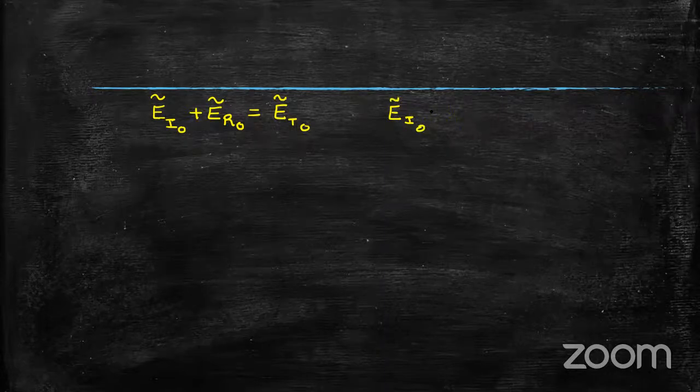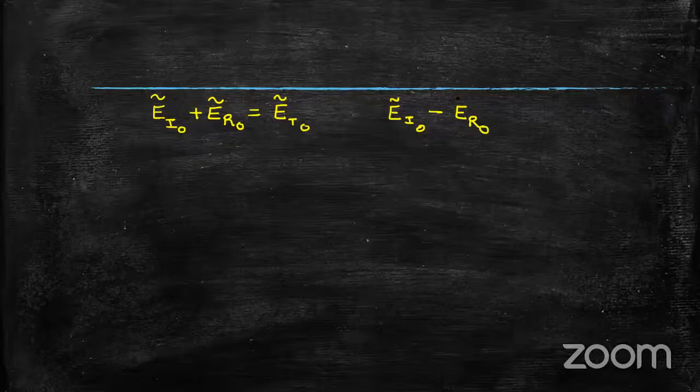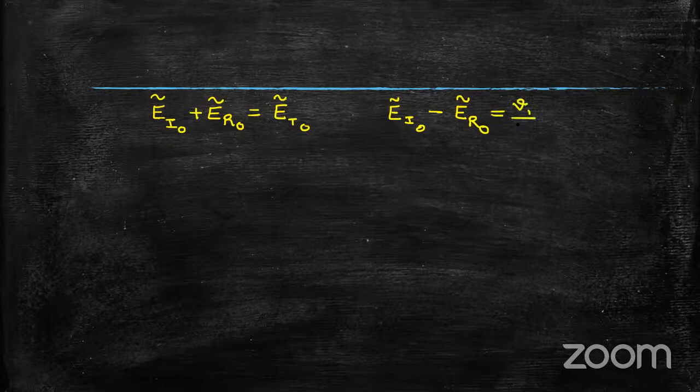We can decide how much electromagnetic wave we should shine on the boundary. So E_I0 is always given, right? What is not known is the reflected and transmitted. That is totally a condition of the boundary. V1 upon V2.